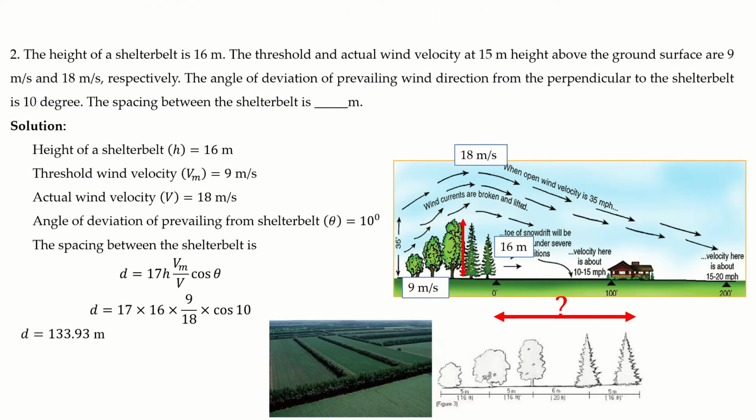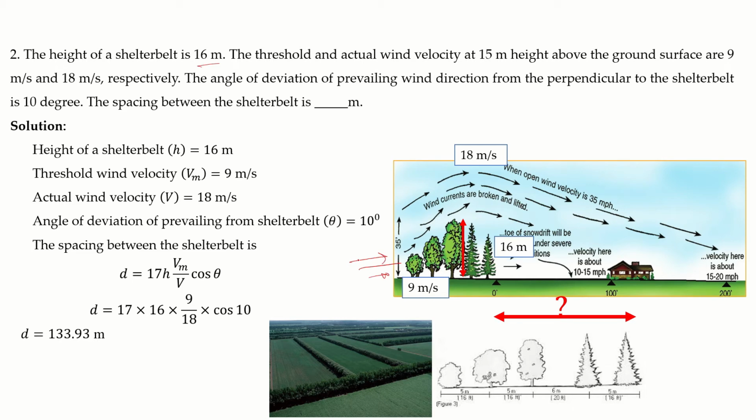Another problem: the height of the shelter belt is 16 meter, and the threshold and actual wind velocity at 15 meter height above the ground surface are 9 meter per second and 8 meter per second respectively. The angle of deviation of the prevailing wind direction from the perpendicular to the shelter belt is 10 degrees.